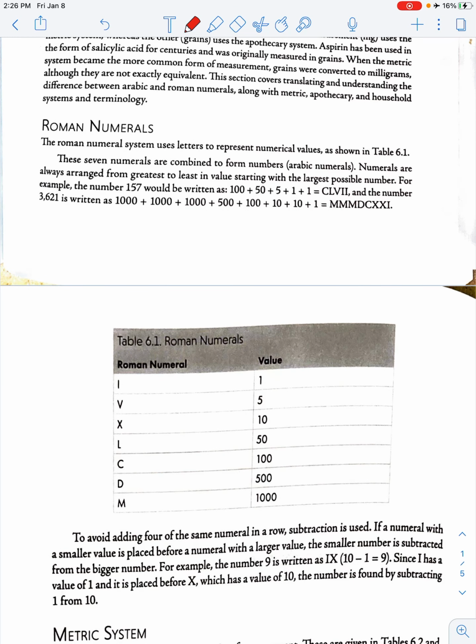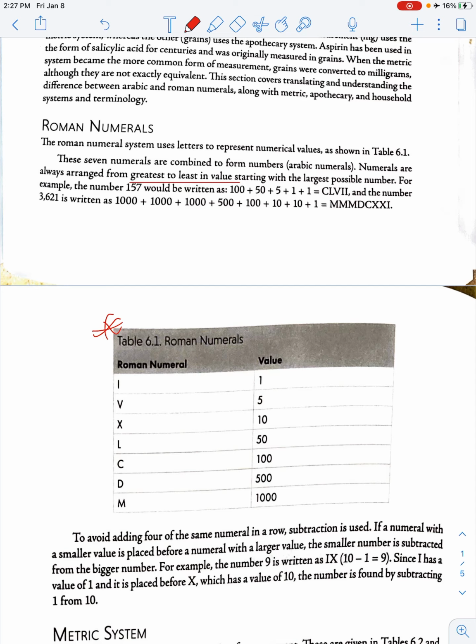It says the Roman numeral system uses letters to represent numerical values as shown in table 6.1. So we're looking at this table down here. These 7 numerals are combined to form numbers. Numerals are always arranged from greatest to least in value, starting with the largest possible number.